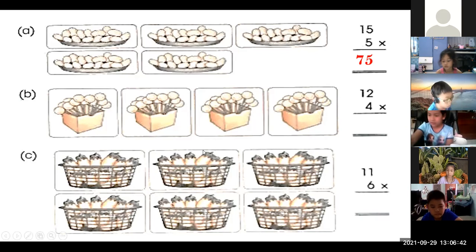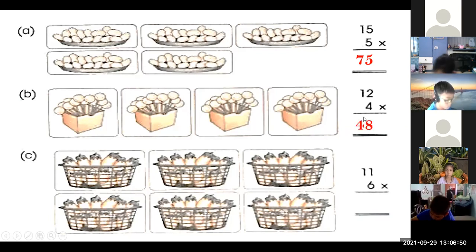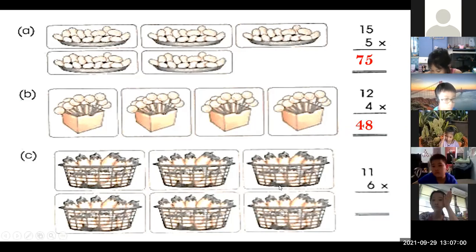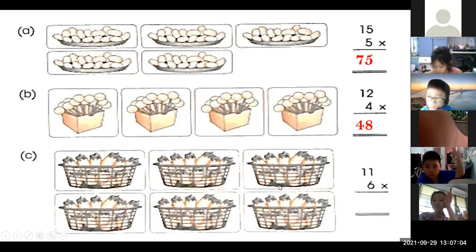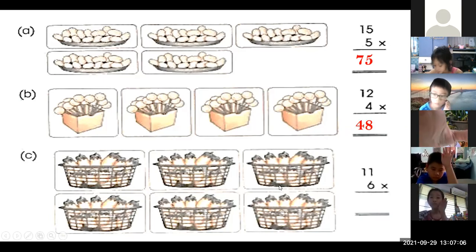Thank you. 48, because 4 times 2 is 8, and 4 times 1 is 4, so it is equal to 48. Letter C is very easy. What's your answer in letter C? 11 times 6. 66.